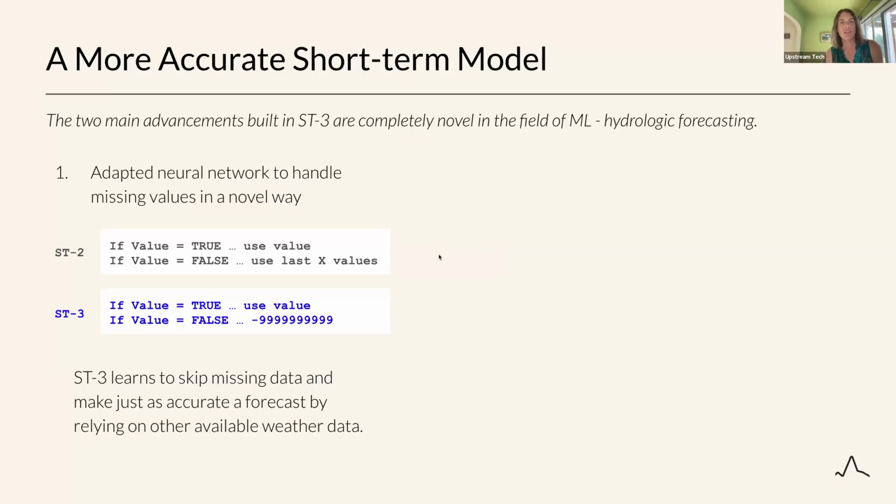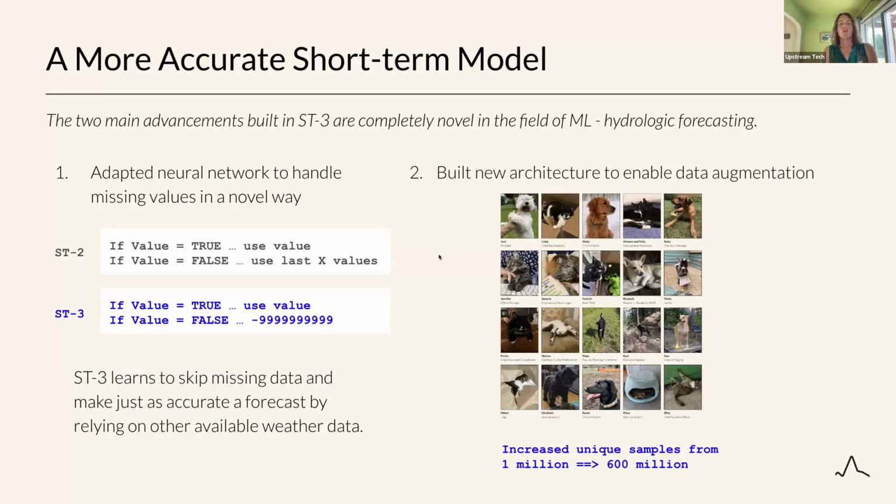Okay, the second thing that we did in this new model was we built a new architecture. And bear with me here, I've got some upstream tech pets that I'm going to use as a metaphor to explain what we call data augmentation. The example I'll use is computer vision, where you have an AI model that's trying to learn the image of a cat and the image of a dog.